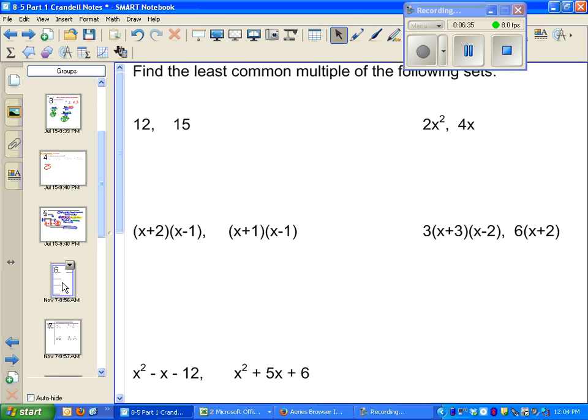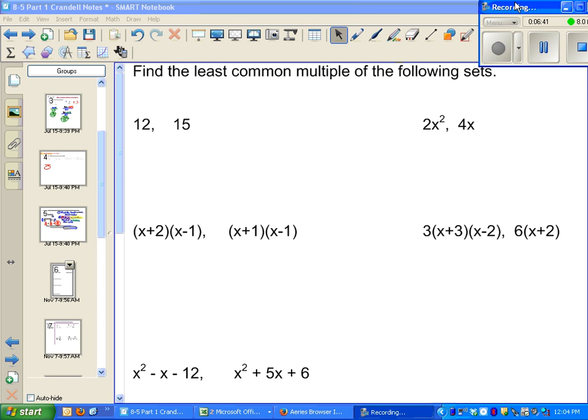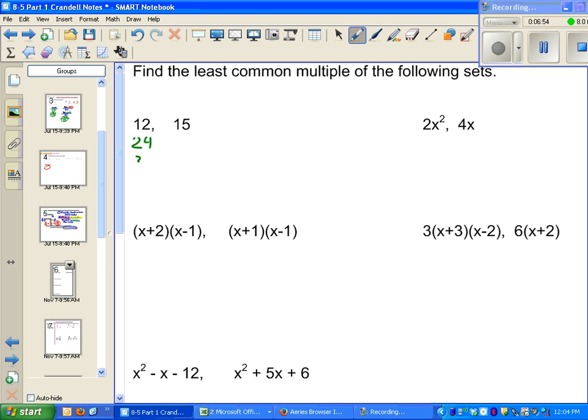Okay, so what is the common multiple between 12 and 15? So we don't want the common factor. Like for 12 and 15, the common factor would be 3. We don't want the common factor, we want the common multiple. So how do you find that if you can't think of it? Common multiples. So we have 12, 24, 36, 48, 60, 72.